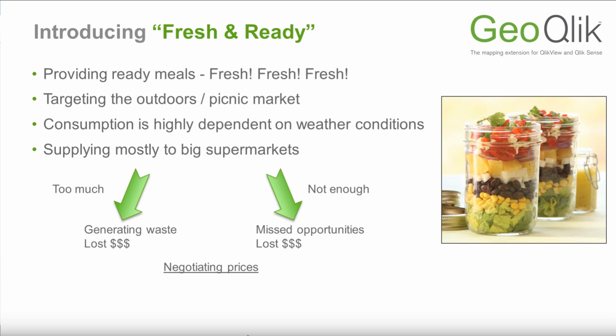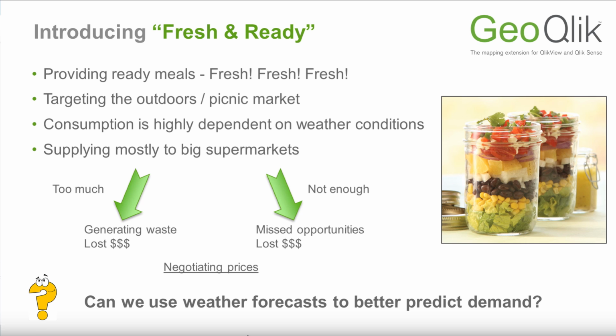If they see that they sometimes end up throwing out 10% of what they bought, they will try to lower the prices they pay. The question that arises is therefore, can we do better in predicting the demand based on weather forecasts?